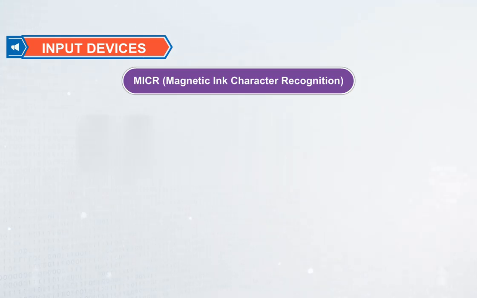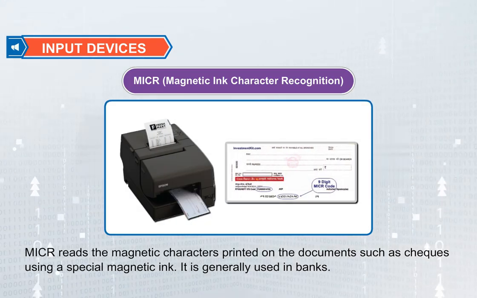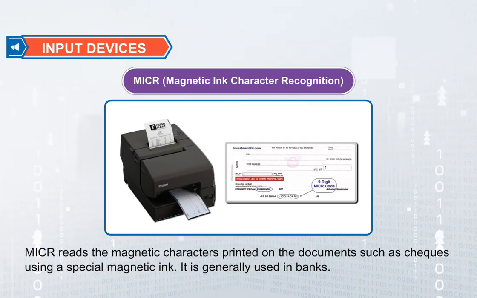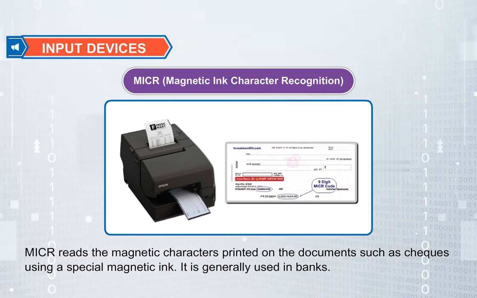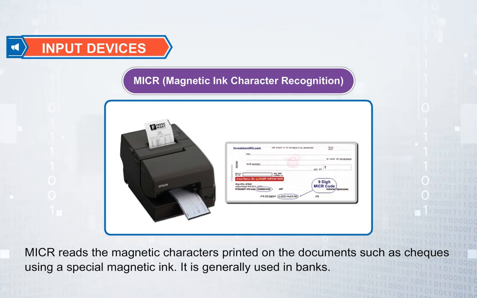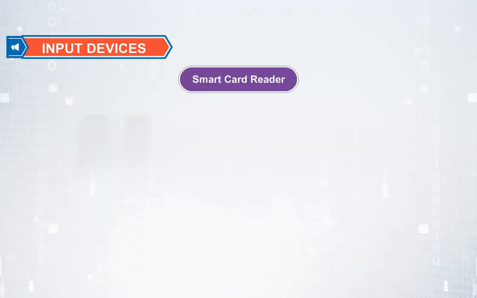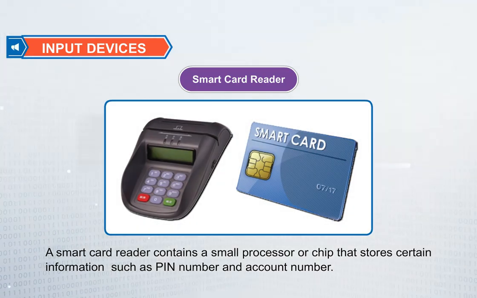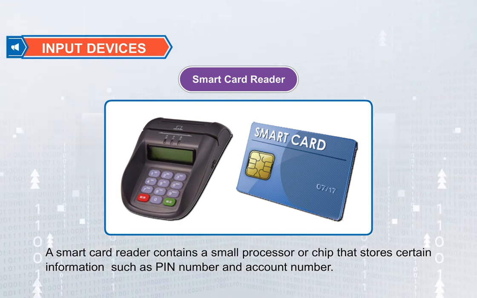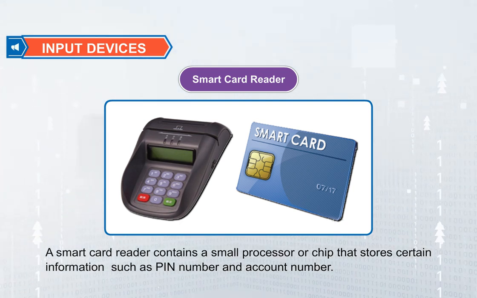MICR, Magnetic Ink Character Recognition. MICR reads the magnetic characters printed on the documents, such as checks, using a special magnetic ink. It is generally used in banks. Smart Card Reader. A smart card reader contains a small processor or chip that stores certain information, such as PIN number and account number.